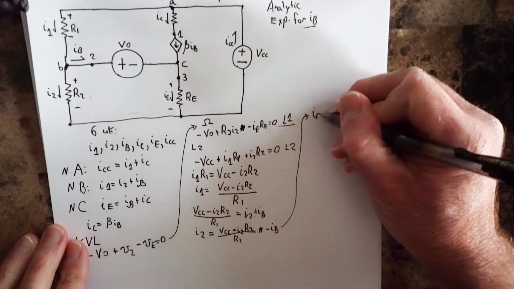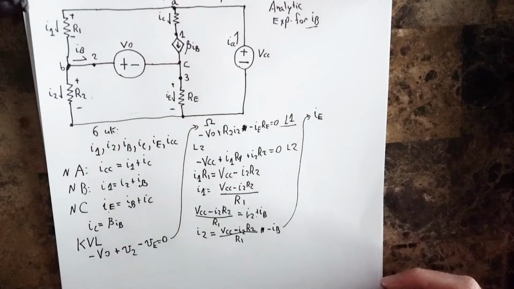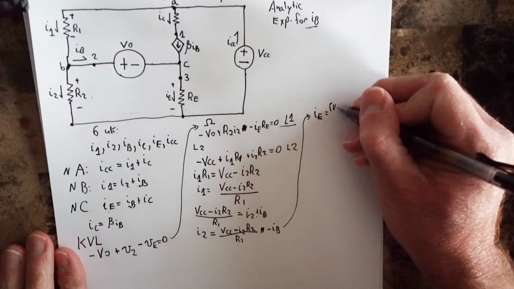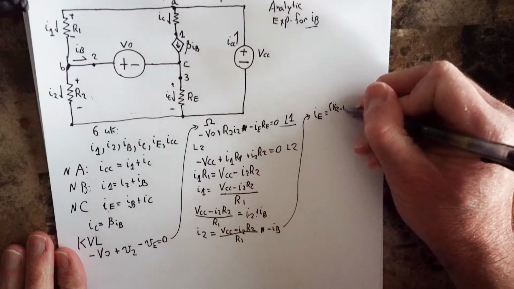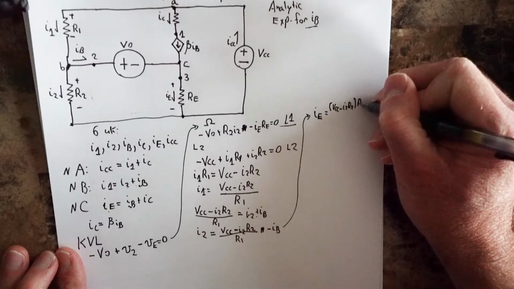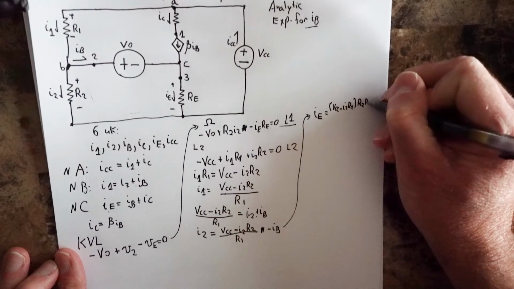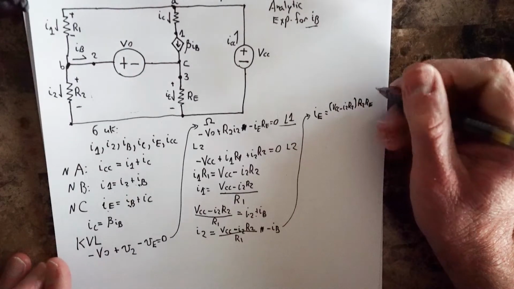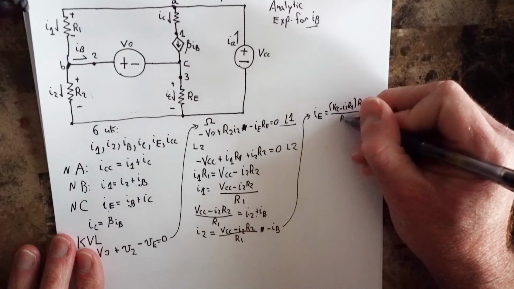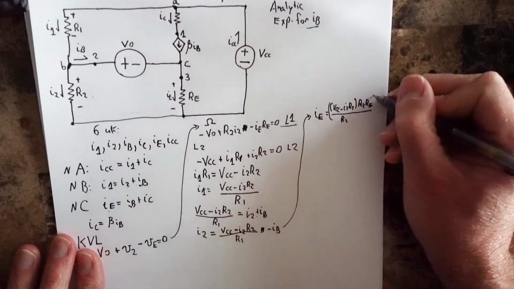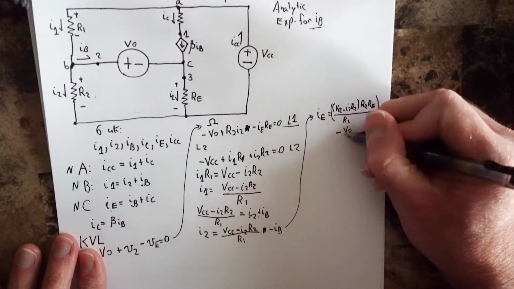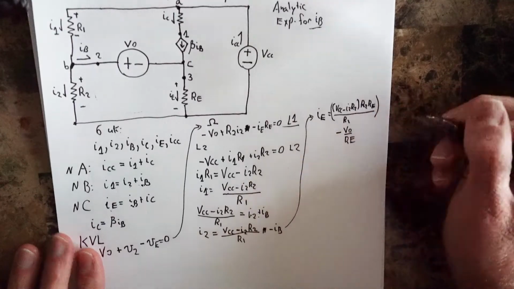So then IE must be equal to, this is getting crazy, so VCC minus I2 R2 times R2 times RE, and that's just from manipulation over R1, and all of this minus V0 over RE. Holy cow.